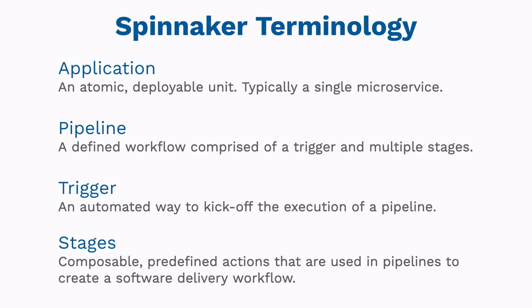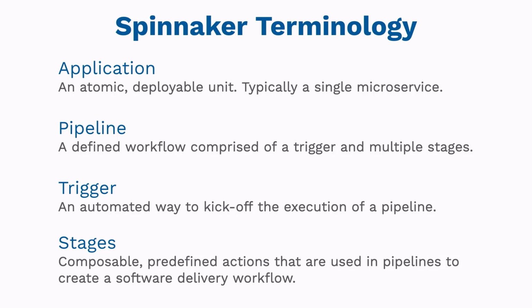Before we get into Spinnaker too much, I want to define some of the terminology, which is a little bit different coming from a Jenkins world. So when we talk about an application, it's typically a microservice, right? In a lot of other cases, the way that people deploy an application or define an application is a composition of multiple microservices. But in our world, in the world of Spinnaker, an application is a microservice that's independent of anything else.